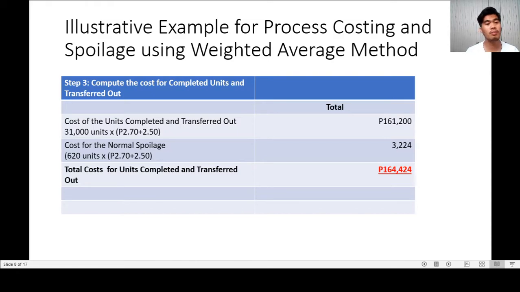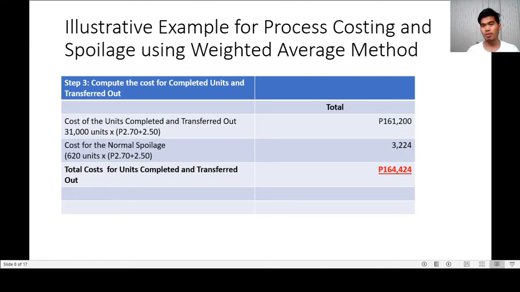So for the cost of normal spoilage, we said the 620 units of normal spoilage, we just multiply by the EUC, the equivalent unit cost of materials and conversion. So that is still 5.2, 2.7 plus 2.5 times the 620, we have the normal spoilage of 3,224 pesos.